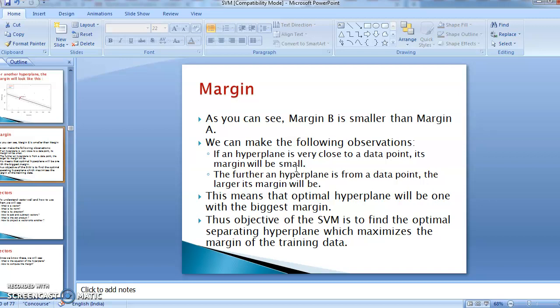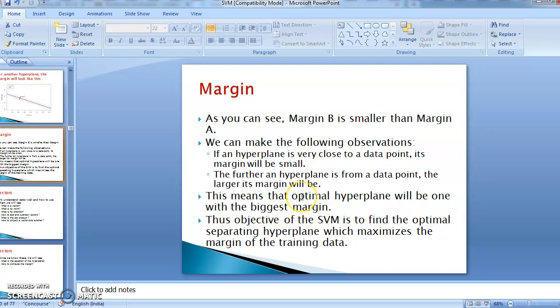For computing the margin, there are some observations. If the hyperplane is very close to the data points, its margin must be small. If the hyperplane is far away from the boundary points, then definitely the margin will be larger.